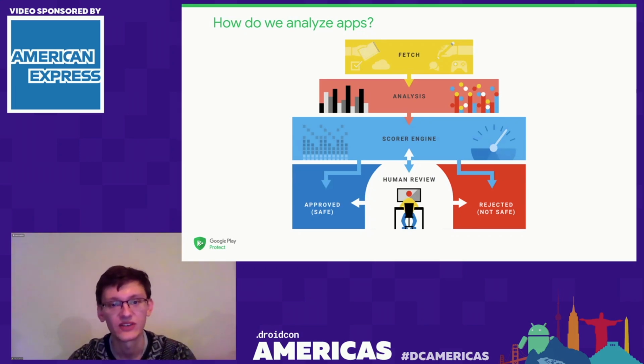Then we score them to decide what the risk level is and why it's risky. If we have a high enough level of confidence, we can either reject it and say it's malware, or say we're pretty sure it's not malware. But if it falls somewhere in the middle, where we're not sure but it looks suspicious, we might have to take a look at it manually and verify the behavior.